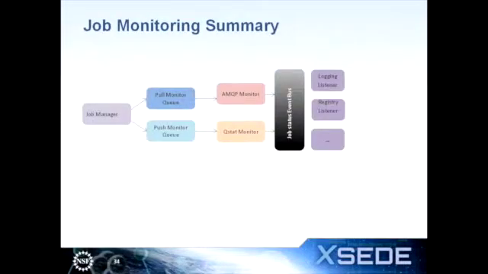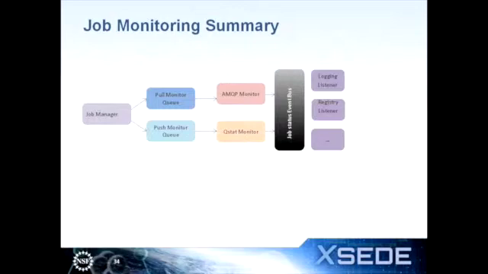So this is the architecture of the job monitoring tool. We basically have a queue-based approach, with a queue for pull monitors and for push monitors. The job manager is the object that the gateway developer has to program against.